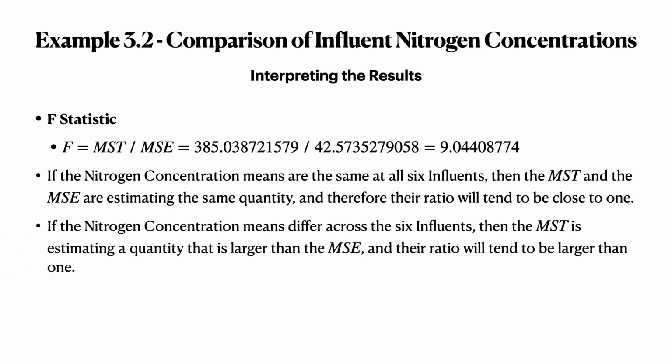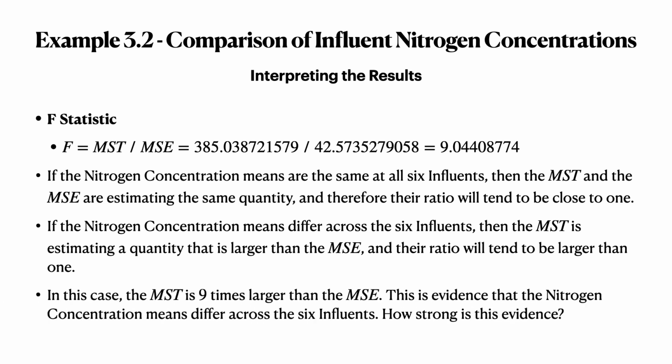If the nitrogen concentration means differ across the 6 influents, then the MST is estimating a quantity that is strictly larger than the MSE, and so their ratio will tend to be larger than 1. In this case, the MST is 9 times larger than the MSE. And so this is evidence that the nitrogen concentration means differ across the 6 influents. The question is, how strong is this evidence?